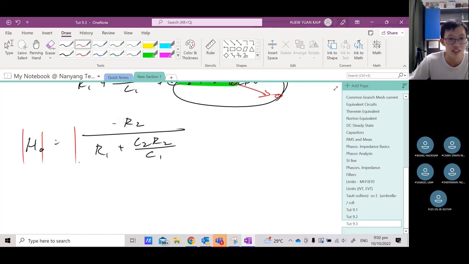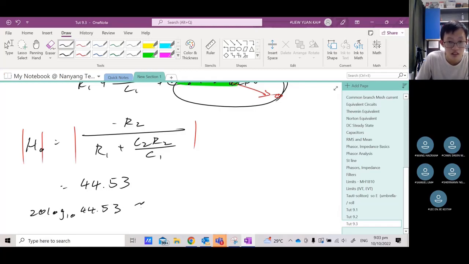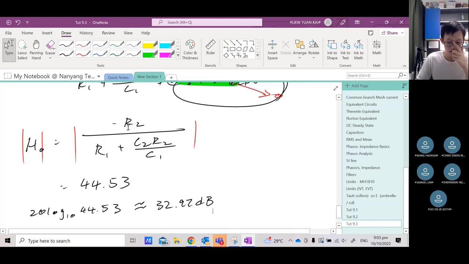So just take the modulus of this. So what you get at the end of the day is 44.53. And if you want to change this to decibels, then sure, you go ahead and do 20 log 10 of this 44.53. You should get 32.97 dB. Okay, decibels.